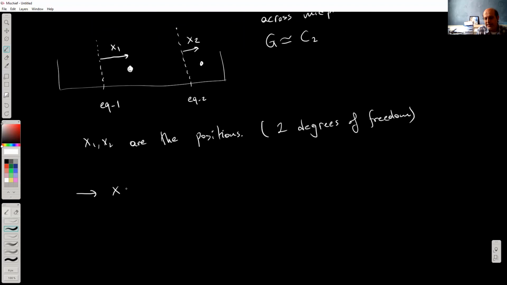I'm going to write this in matrix form. So I'm just going to think about a 2x1 matrix that contains both of these positions. So X is therefore a vector that expresses the position of the system, okay? So I'm not going to put a vector sign on top.